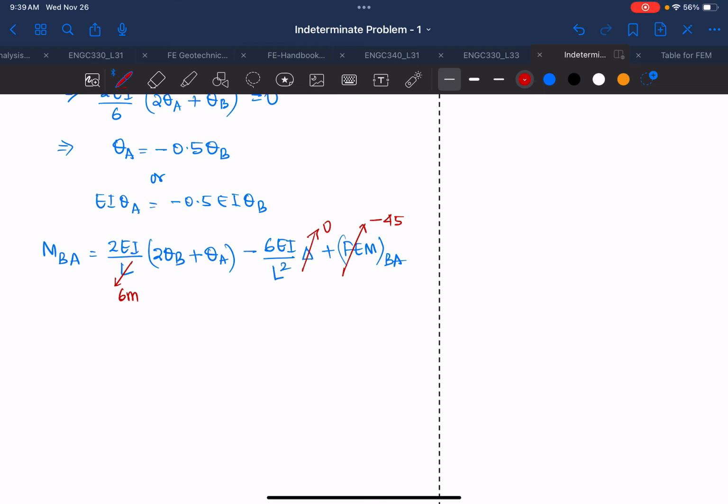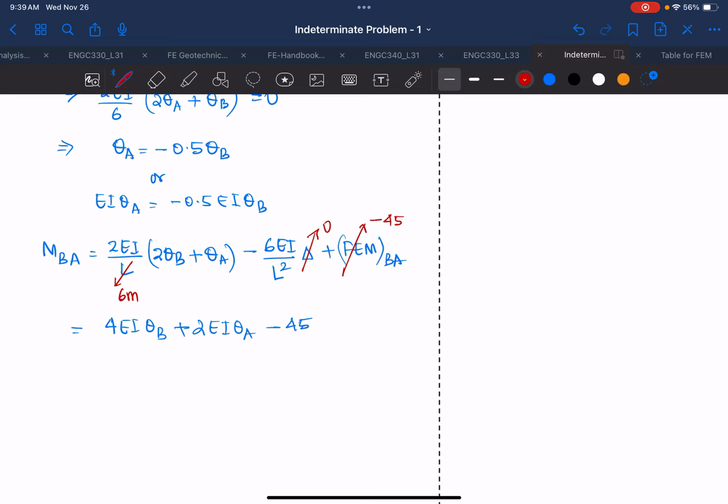And now if we put it together, you'll have 4EI theta B plus 2EI theta A, and then minus 45.